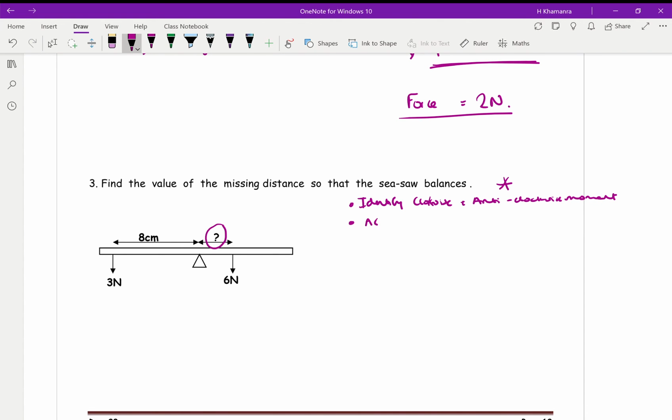Then you write down that your anti-clockwise moment equals your clockwise moment. And then you simply do force times distance: force 1 times distance 1 is equal to your second force times its distance from the pivot. And then you find your unknown. Just follow the method for the previous question to help you through it.